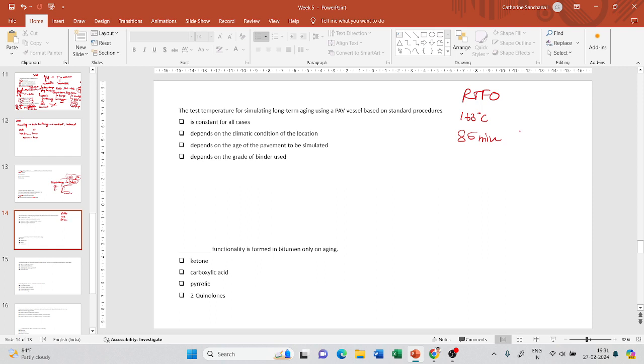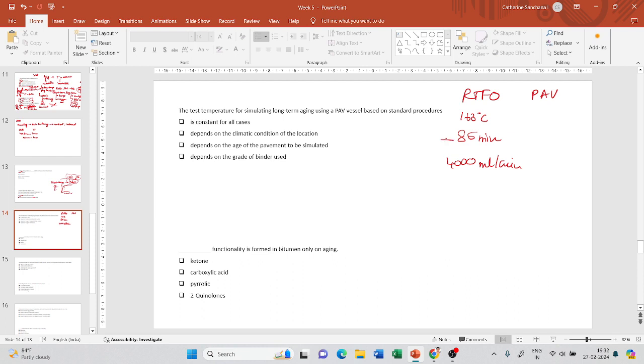Whereas for a PAV, here also you will be supplying it with air at a flow rate of 4 liters per minute or 4000 ml per minute.